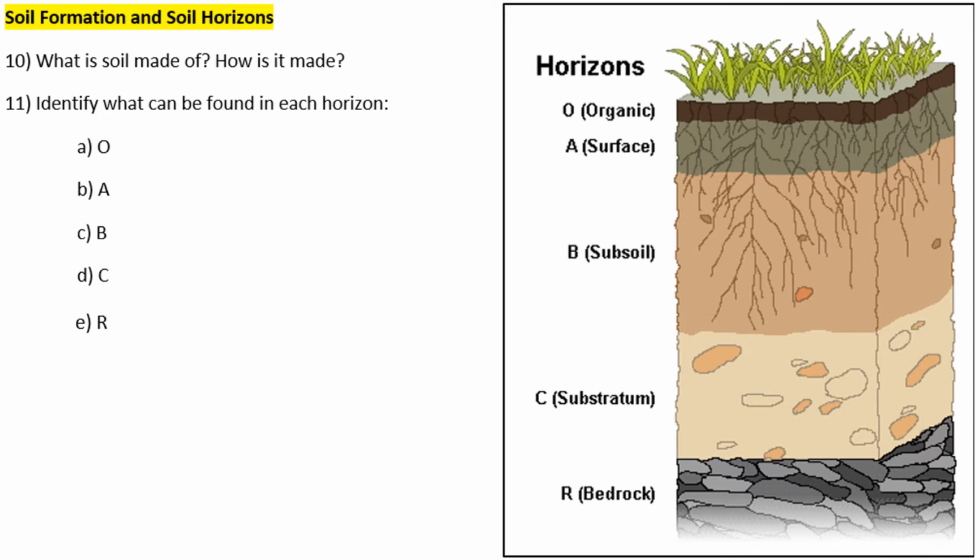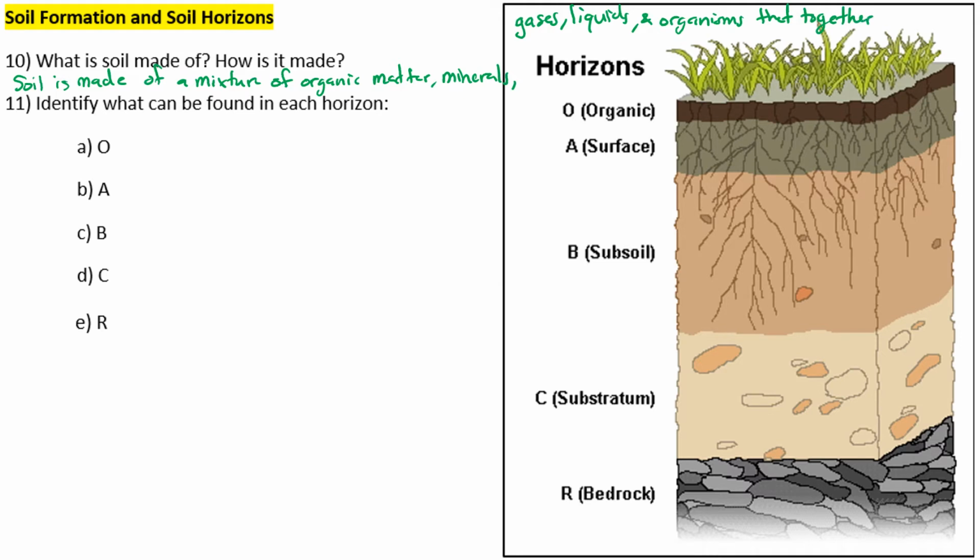What is soil made of? How is it made? So, soil is made of a mixture of organic matter, minerals, gases, liquids, and organisms that together support life.